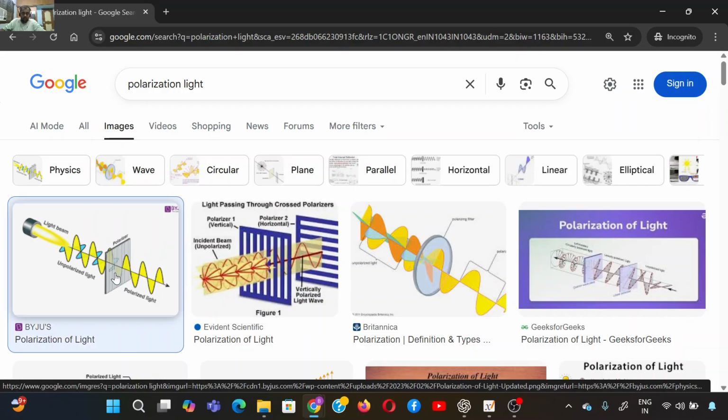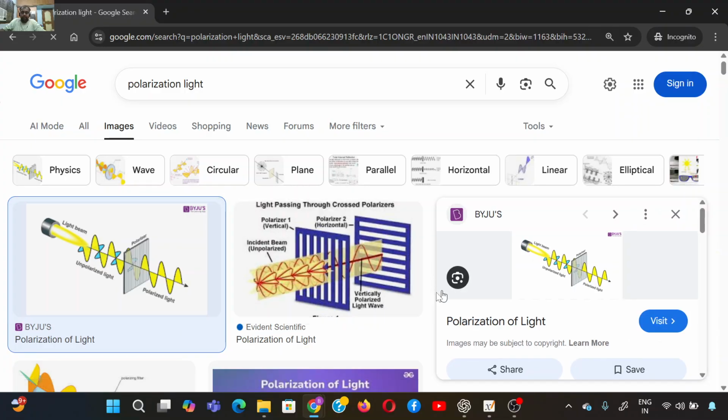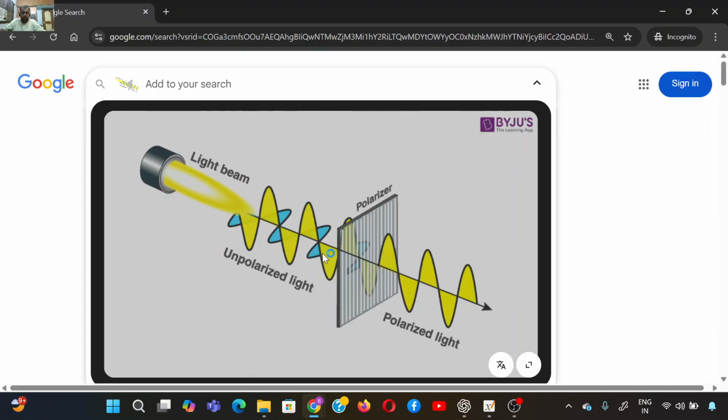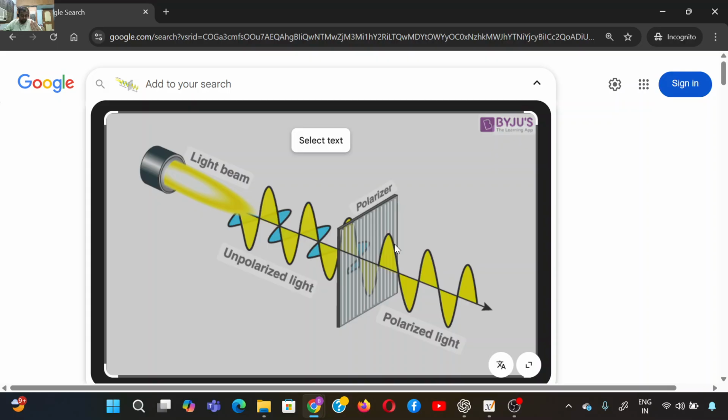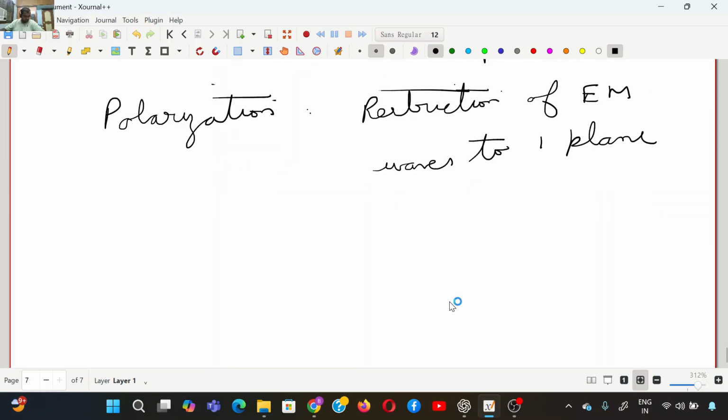Light is coming in this wave kind of pattern. You put some slits inside, which allows only the vertical component of the wave to pass through. So restricting the light beam in such a way that only one plane of light can pass through, this is polarized light. This is what polarization is.